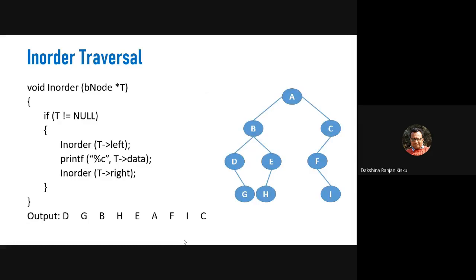Let us talk about the in-order traversal. In the in-order traversal, first we visit the left subtree, then we visit the root node, and finally we visit the right subtree.